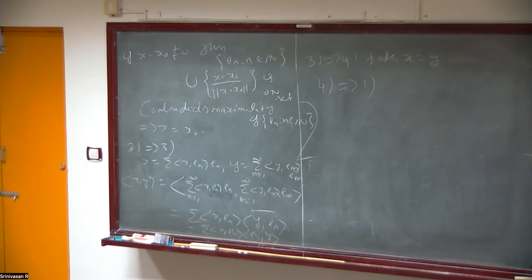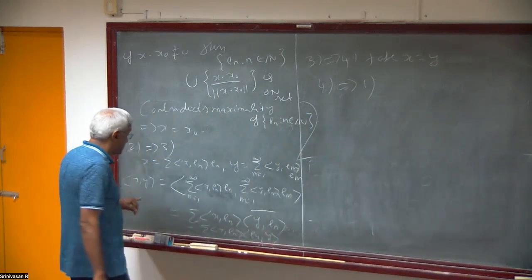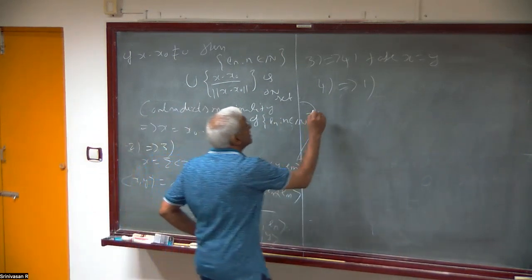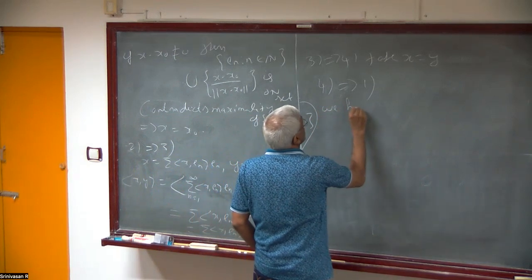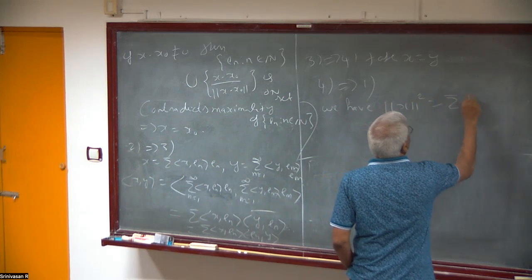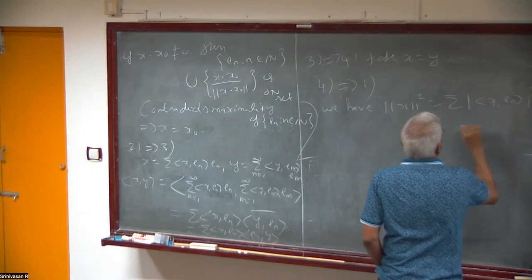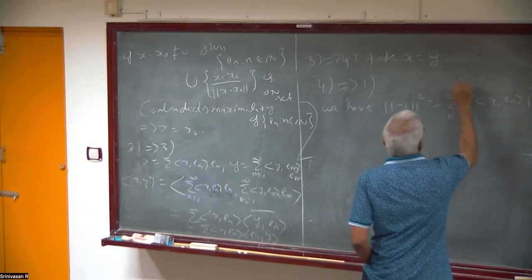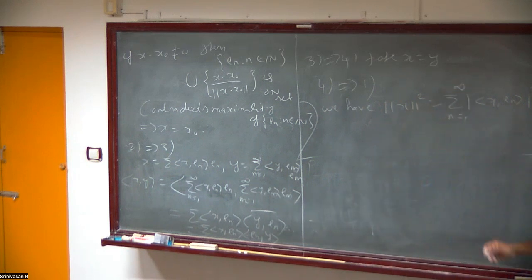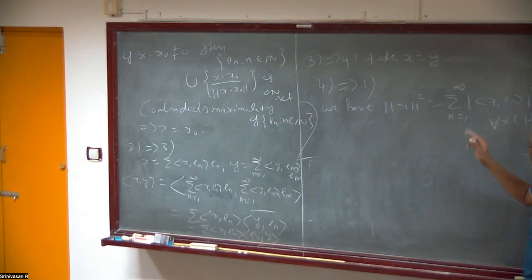So 4 says that, let's write what 4 is. Norm x squared equal to the summation of mod of x, En squared for all x. And we want to prove this En is a maximal family.